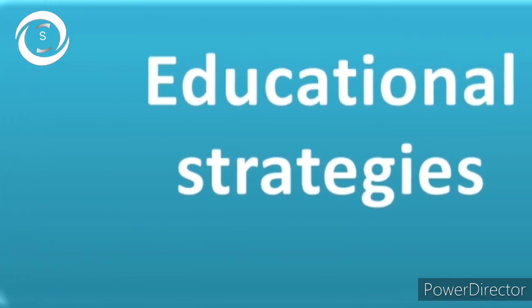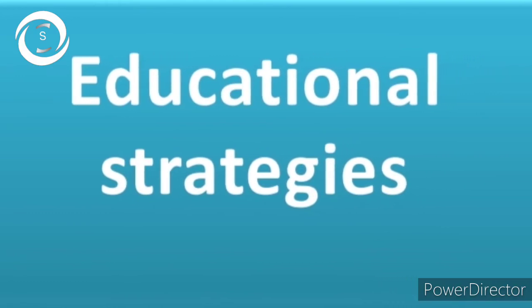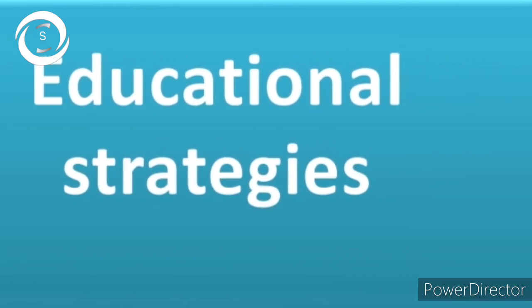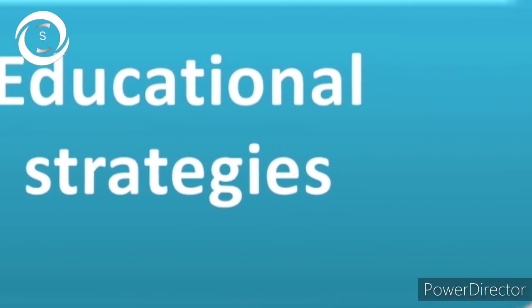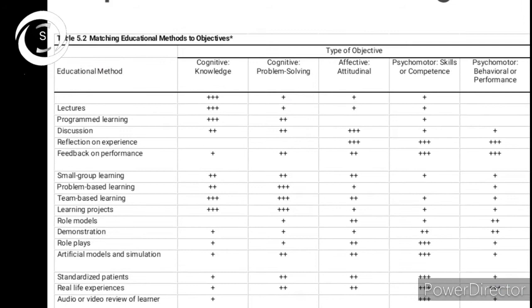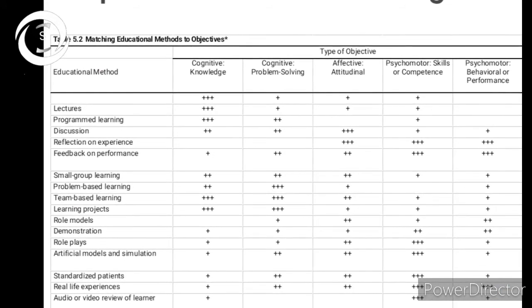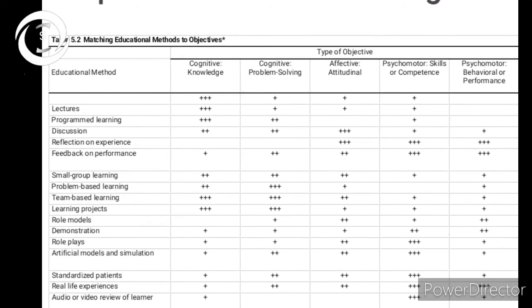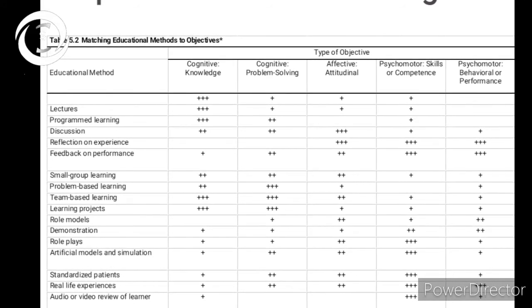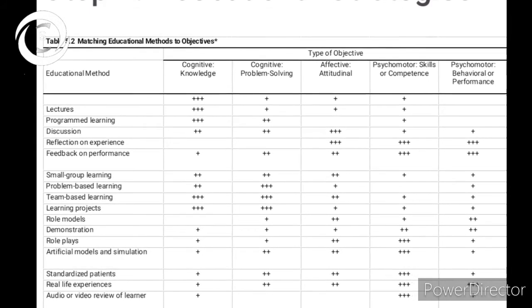It maintains congruence between objectives and methods, uses multiple education methods, and chooses feasible methods. I have shared this timetable with an extensive framework of educational methods and type of objectives. So go through it in detail.